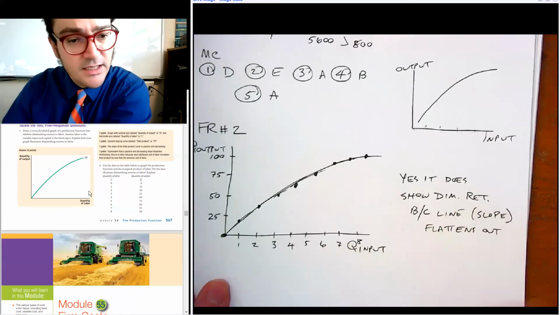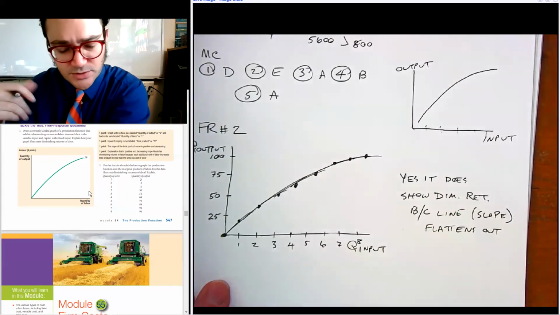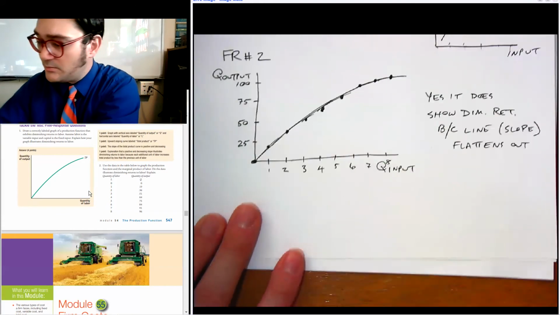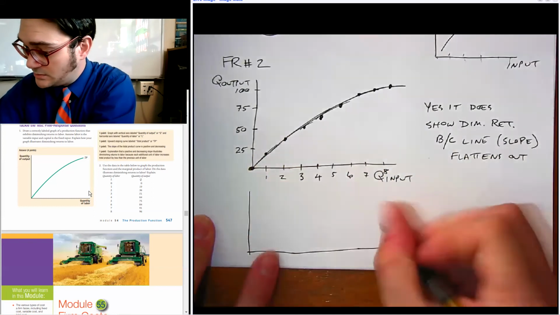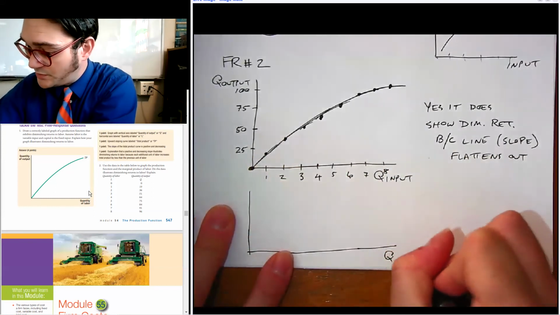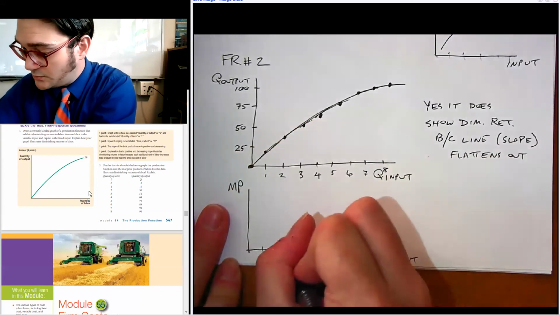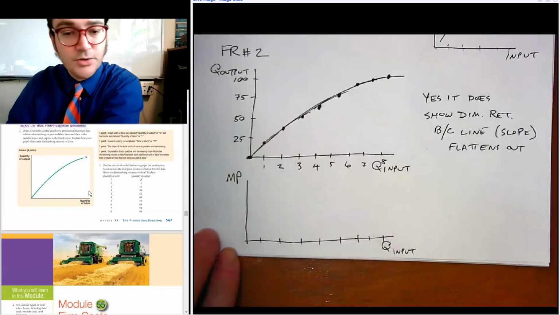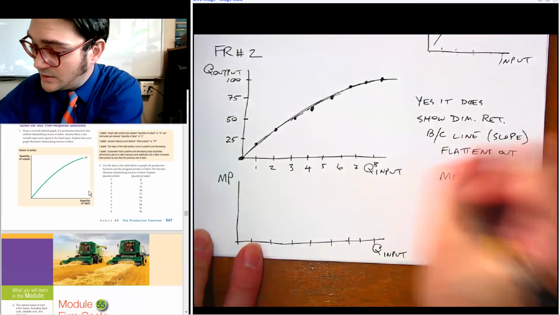You could also say the marginal product, and it wants us to graph the marginal product of labor. So in just a second, you could graph that as well below. We'll do one of these. Quantity of input, and this one's going to be marginal product: 1, 2, 3, 4, 5, 6, 7, 8. That's going to look terrible. Let's just do the marginal product over here.